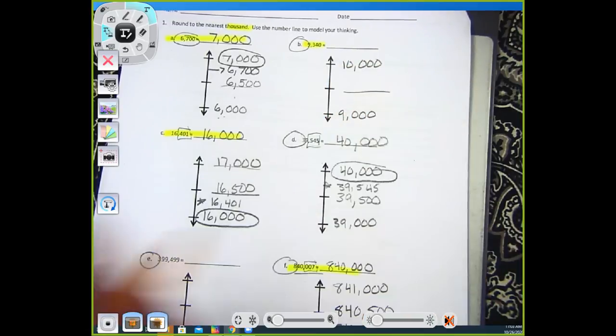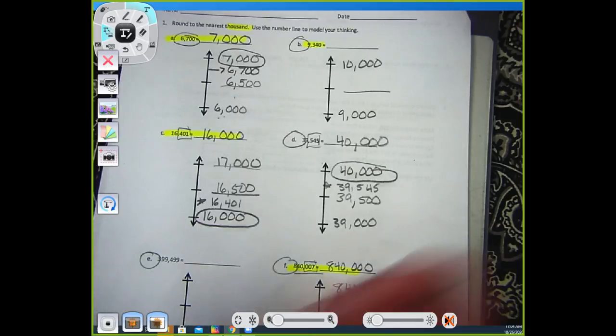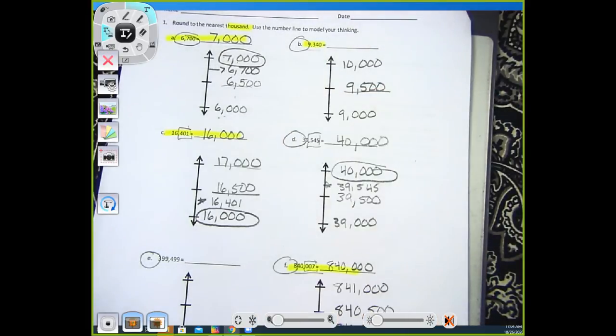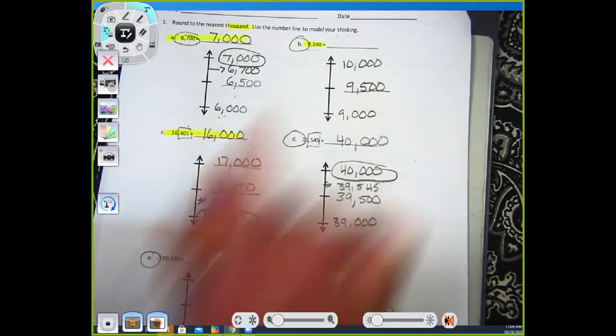Okay, what's halfway between 9,000 and 10,000, Samantha? So what's halfway between 9,000 and 10,000? 9,500. Awesome job there, Samantha. Okay, now I need to plot 9,340. Would that be below or above my midpoint, Brian?